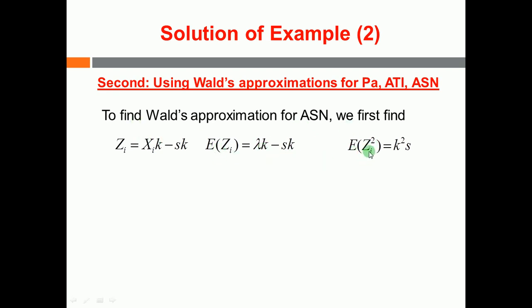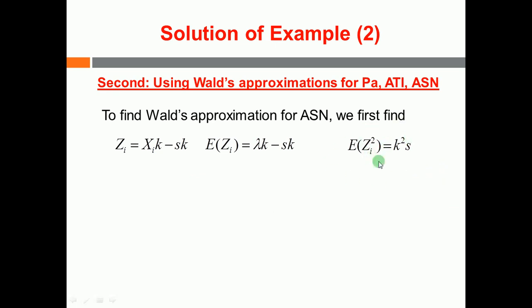For the expectation of Zi square, I should return back to Zi. I have to square this quantity and then put the expectation. You will find out that one of the expectations required is the expectation of xi square, which is equal to the variance plus the expectation squared. Well, the variance of the Poisson is equal to lambda, so it would be lambda plus lambda square.